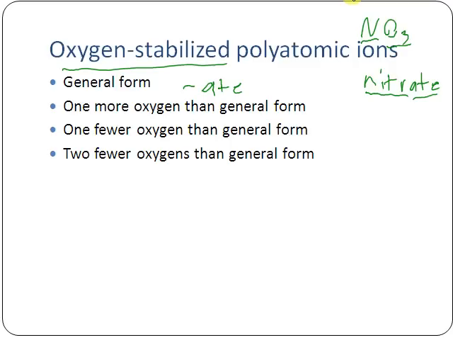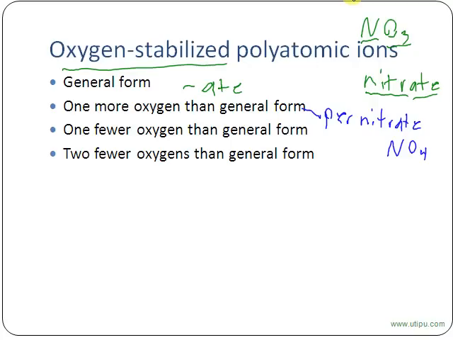So in this case, it wouldn't be nitrate, it would be pernitrate. You take the old one, nitrate, you add per to the front, and that tells you it's going to have one more oxygen. So pernitrate would in this case be just NO4. Now technically these should have charges on them. We won't worry about it right now, but that's basically what we've got there. So pernitrate would be NO4.